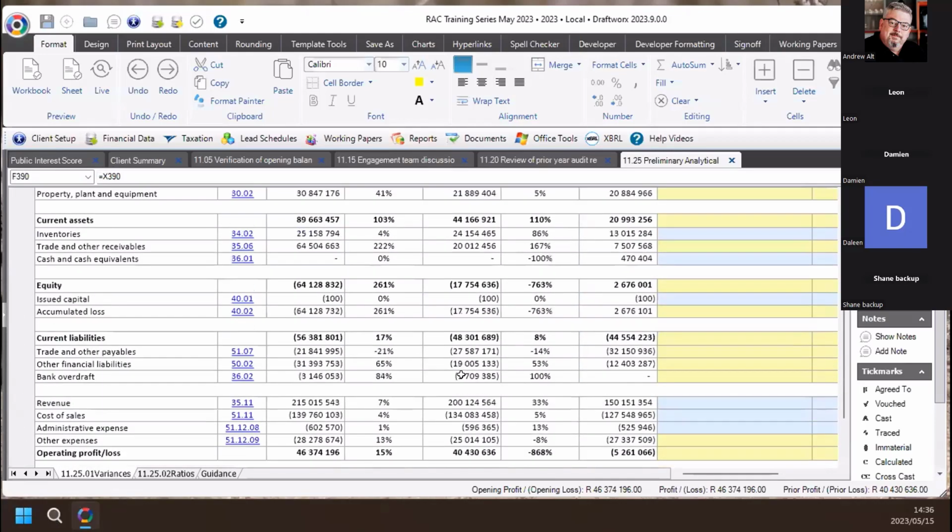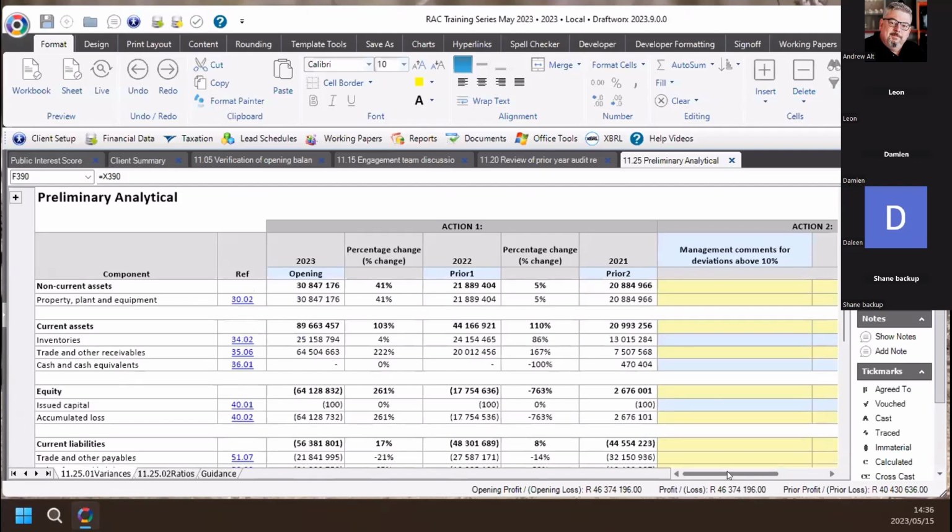The next step in the process is then to document management's comments for deviations. I think one of the key things to be aware of here is we don't necessarily want to lead management as to the answers. So if you go to management and say, look, property, plant, and equipment has increased by 40% from last year to this year, the answer that you get from them might be different than if you say, well, tell me.